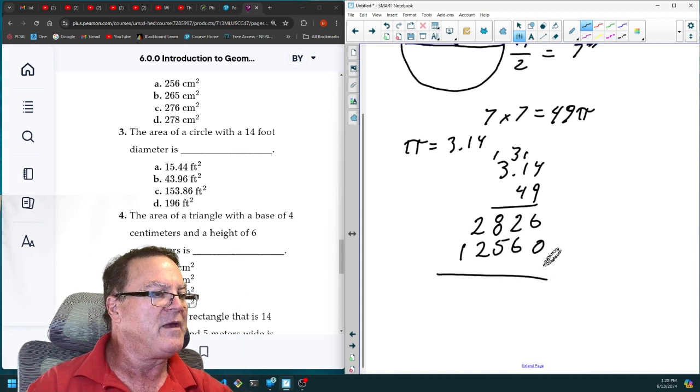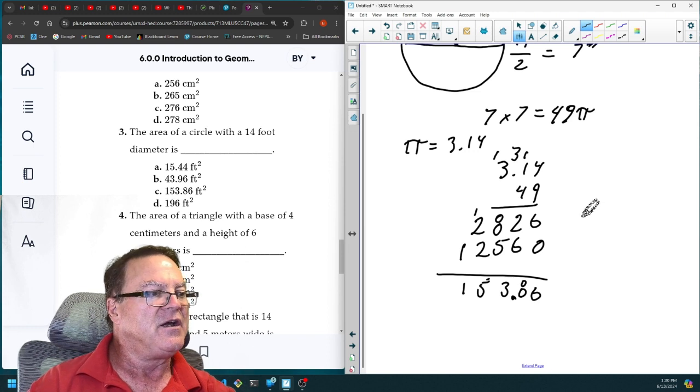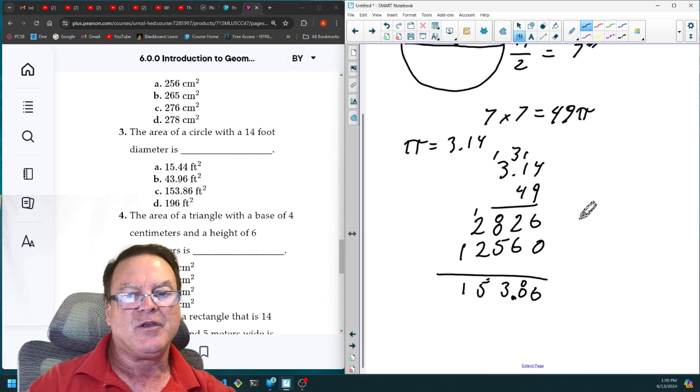Okay. So 6, 8, 13, 5, 1. We've got 2 decimal places, so it's 153.86 square feet.